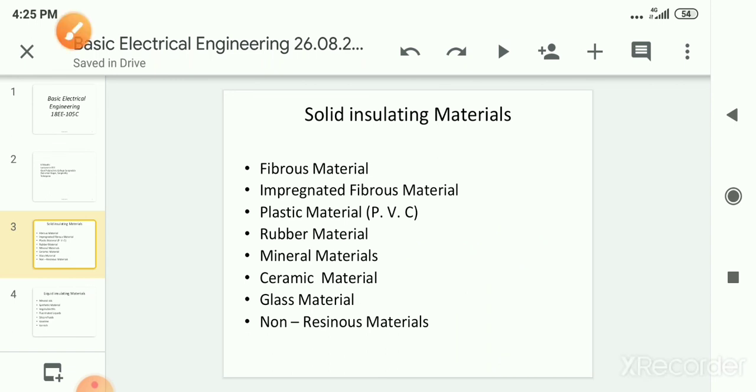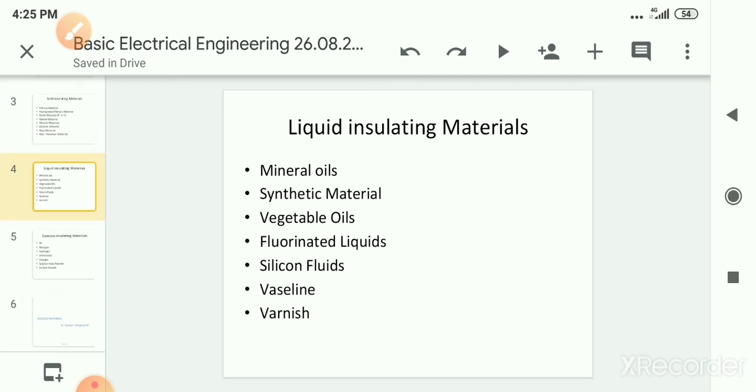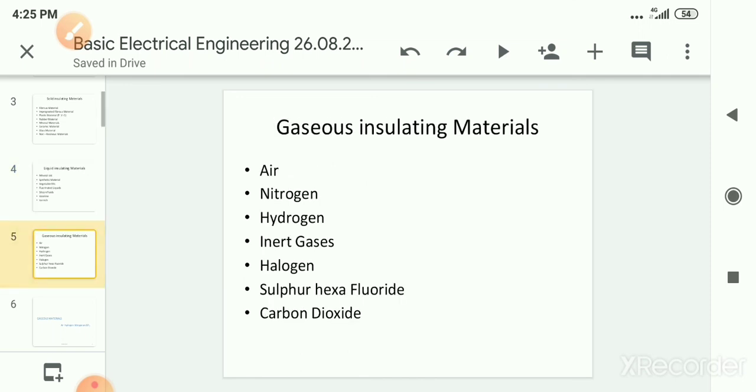After that, we moved into the liquid insulating materials. They include different types of mineral oils, synthetic materials, vegetable oils, fluorinated liquids, silicone fluids, Vaseline and varnishes. All have their own importance and their own applications. Depending upon their properties, we use them in different types of applications. Next, we moved to the gas insulating materials.